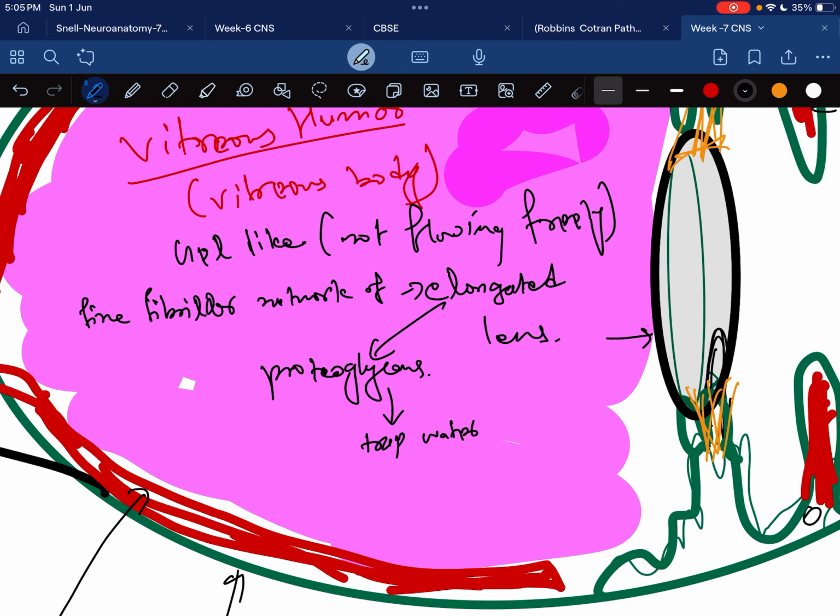So there is only a small amount of freely moving fluid.